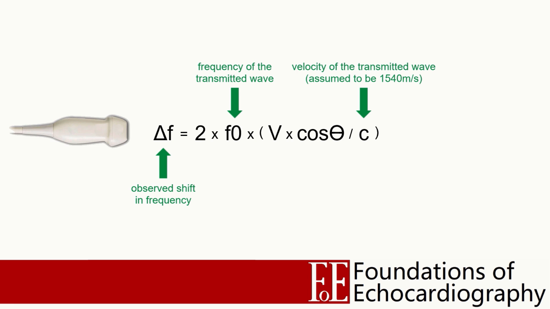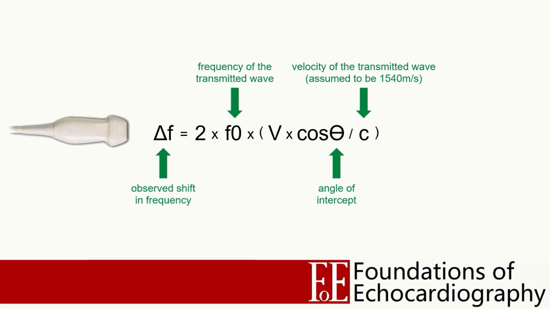Theta represents the difference in alignment between the ultrasound beam and the direction of motion of a reflective surface. So, if the ultrasound beam is directed such that it's striking the reflective surface head-on, then the angle of intercept will be 0 degrees. If the moving structure is moving perpendicular to our ultrasound beam, then the angle of intercept will be 90 degrees.